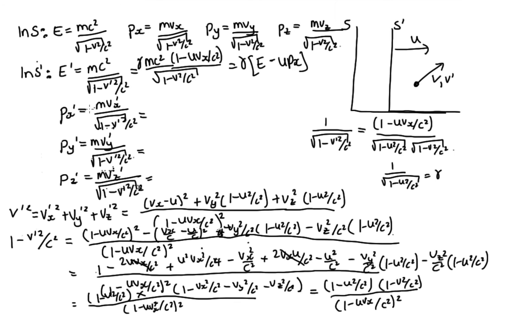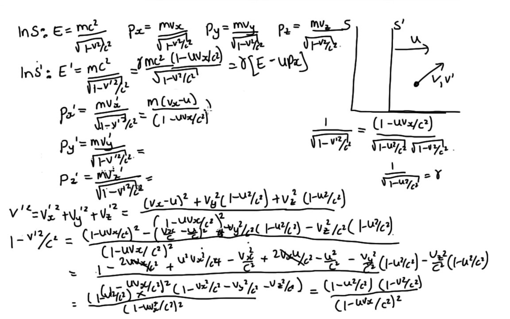Now we're going to want to simplify this one. Okay, so substituting into this, we know we've got the m, now vx prime, we know that that is equal to vx minus u over 1 minus u vx on c squared. And then we've got to substitute in this, which is over here.